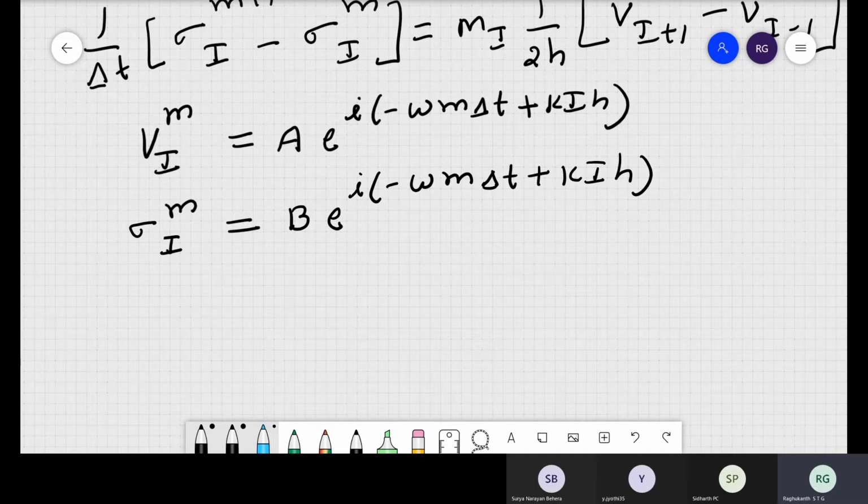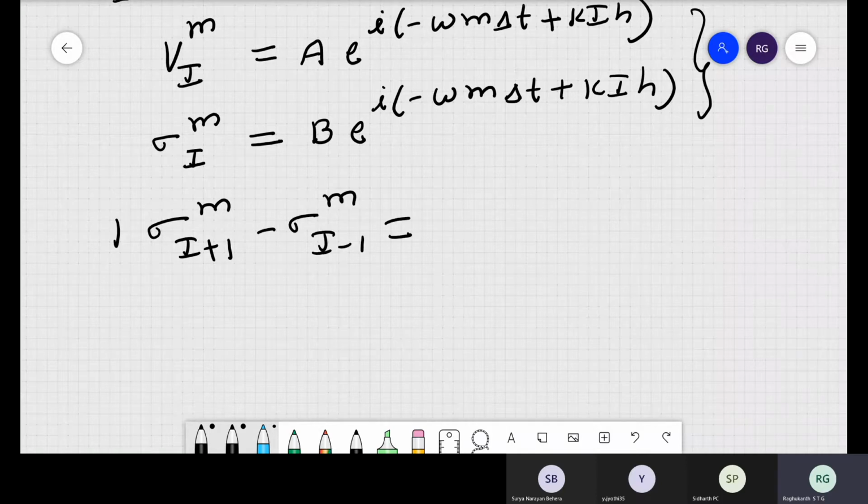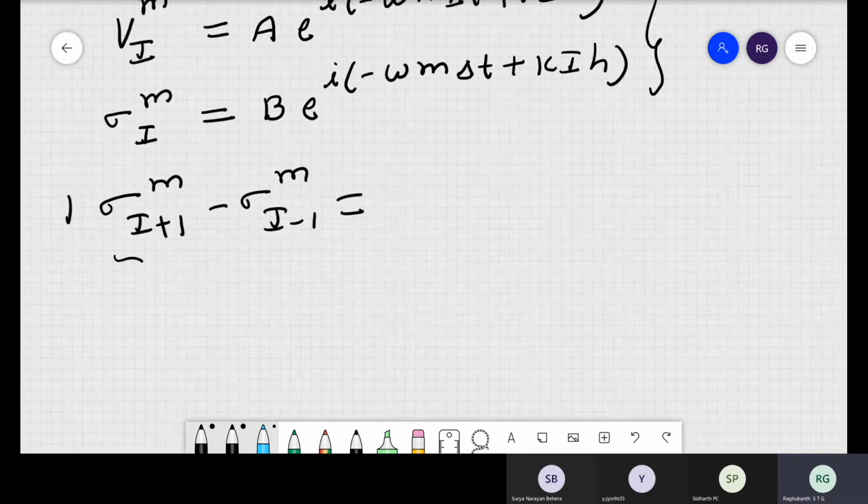Now you have to substitute both of these in the above equations. For example, we have sigma_(i+1)^m minus sigma_(i-1)^m. What happens if I substitute this expression? Wherever you have i, you replace it with i plus 1, and with i minus 1 in the other expression.